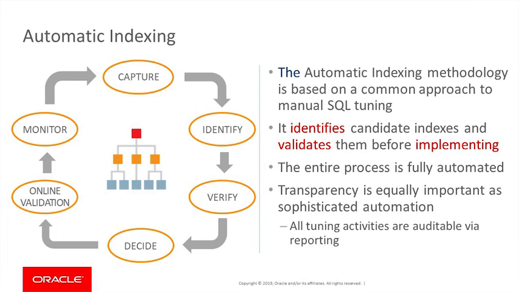If we see that the optimizer can benefit and that statement, or that series of statements, will run faster, we'll go ahead and implement that index. Now, if we find that there is a negative impact or it doesn't benefit at all, we'll blacklist that index and keep it aside, knowing that it's not a suitable candidate.